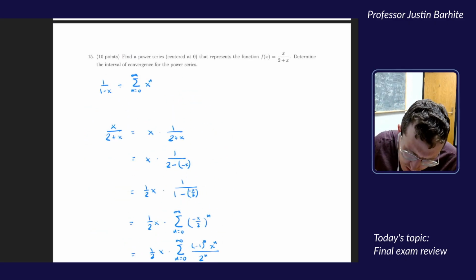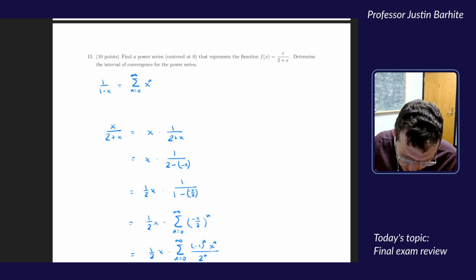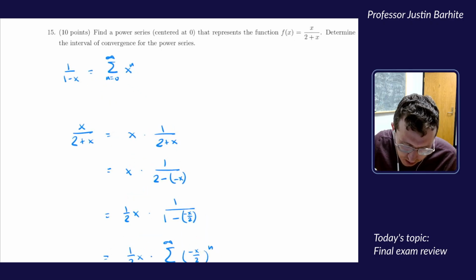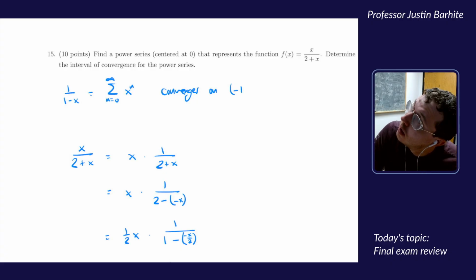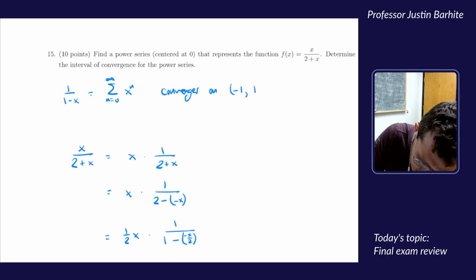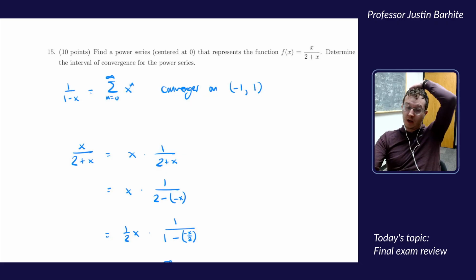They also wanted us to find the interval of convergence for the power series. So I know that the geometric series converges on the interval from -1 to 1, not including either end point.